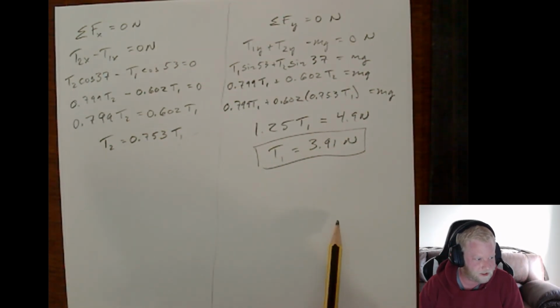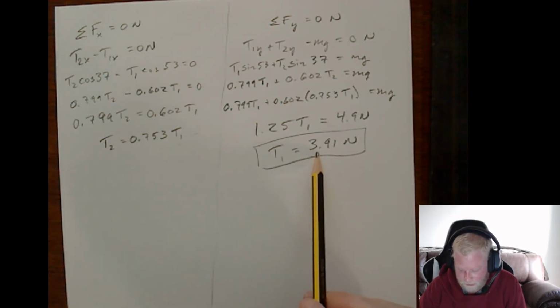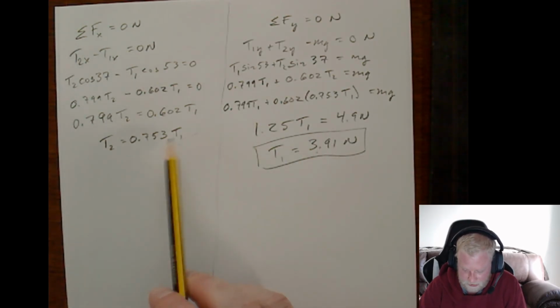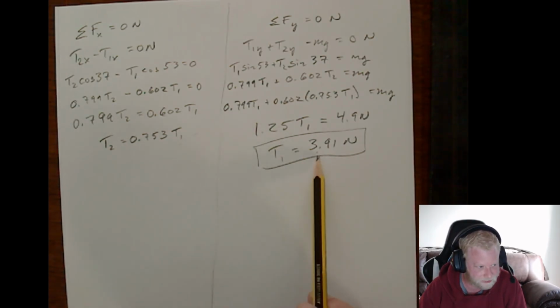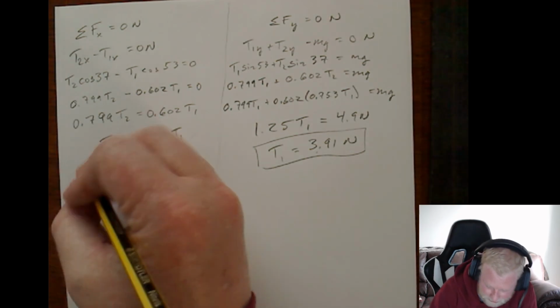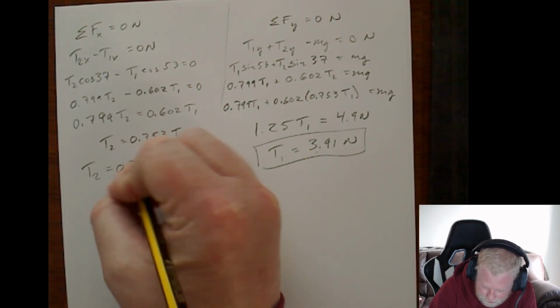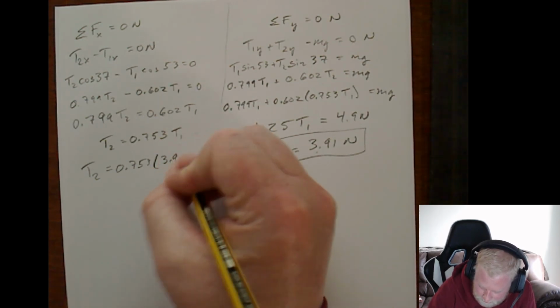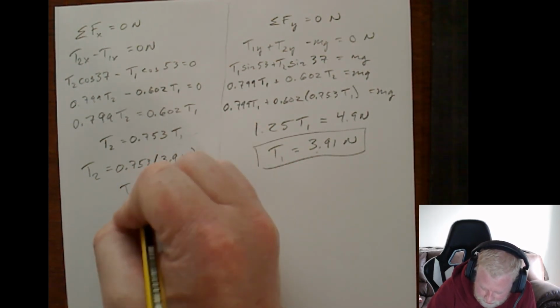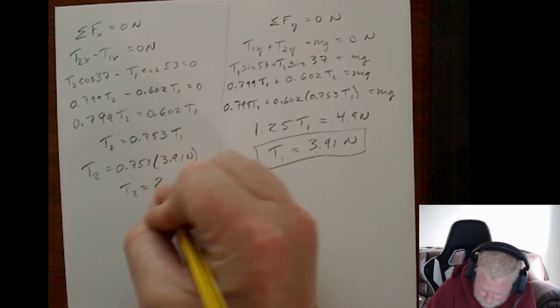All right, so we're almost done. Now what we've got to do is take our T1 and plug it in here so that we can solve for T2. So T2 equals 0.753 times 3.91. So T2 is equal to 2.95 newtons.